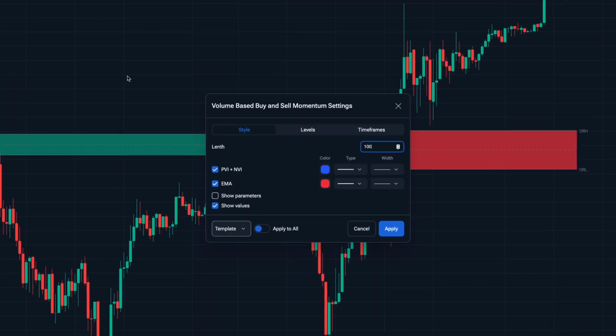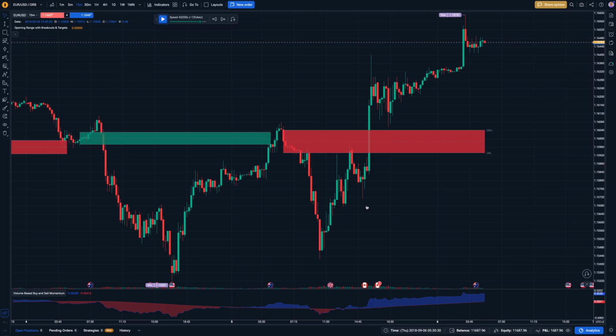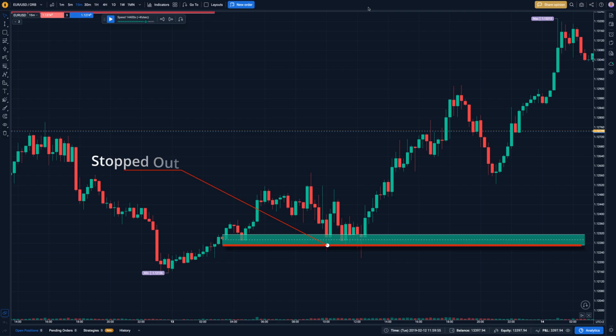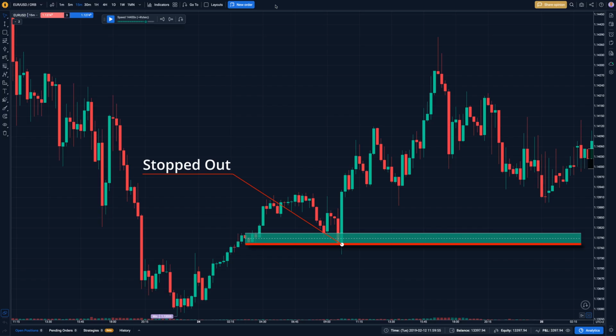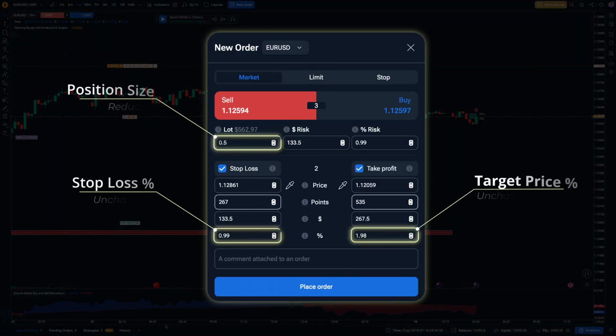Now we're testing the same ORB strategy enhanced with volume confirmation and improved position sizing. Based on our first test, we noticed many trades were getting stopped out prematurely, so we reduced our position size to allow for wider stop losses while maintaining the same risk-reward ratio.